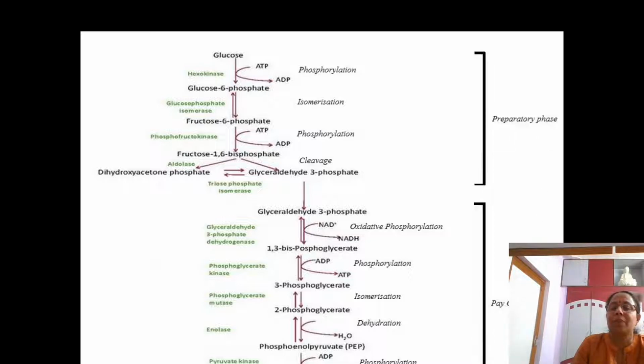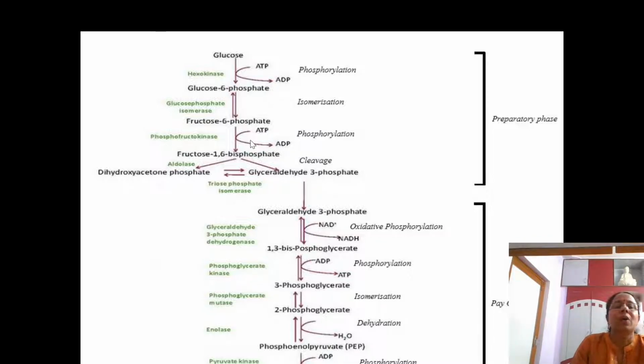One is the preparatory phase, number 2 is the payoff phase. Each phase involves 5 steps or 5 reactions. So glycolysis comprises 10 reactions with 2 phases, the preparatory phase and the payoff phase.